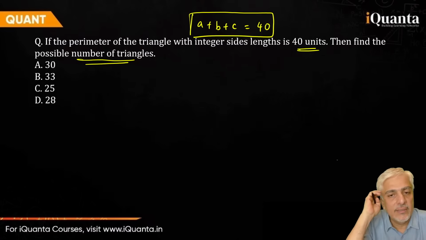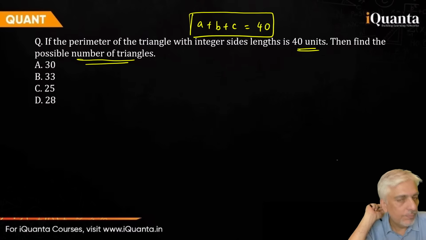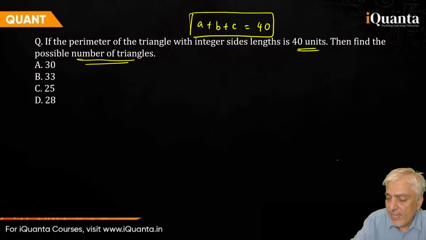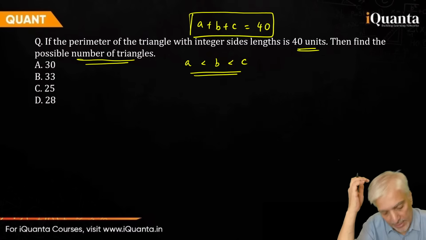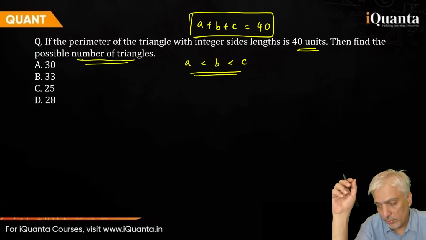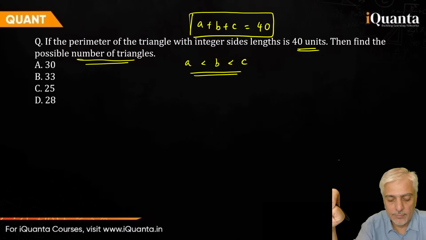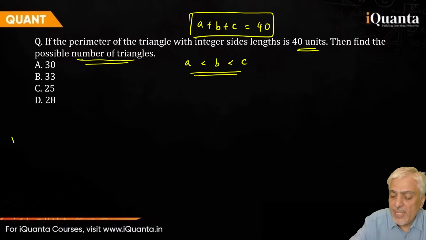That means the largest value. So if I take A less than B less than C, what is the largest value C can take? Yeah, I know there's a direct formula also. You can do P square by 48, direct formula.